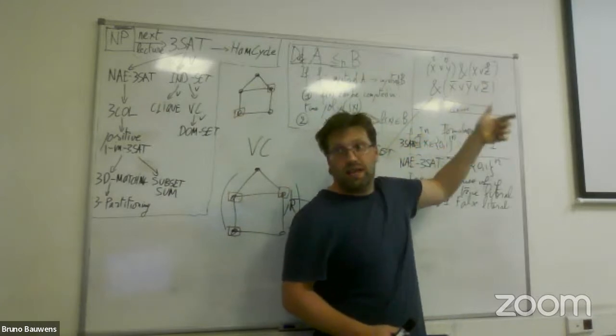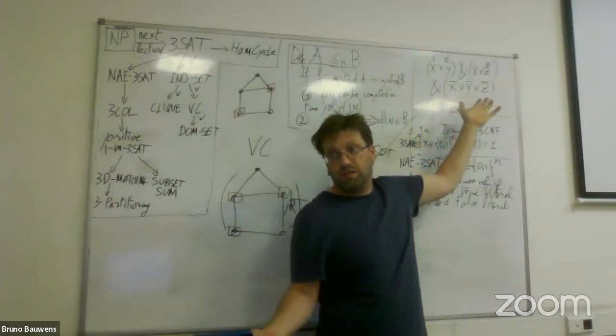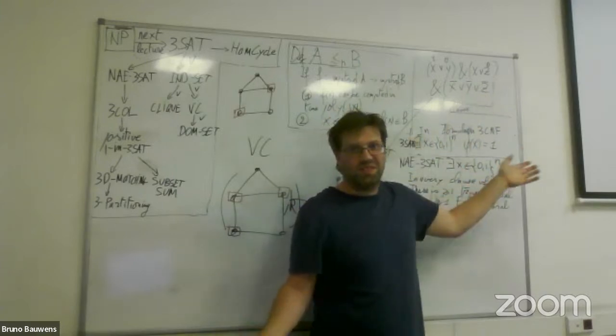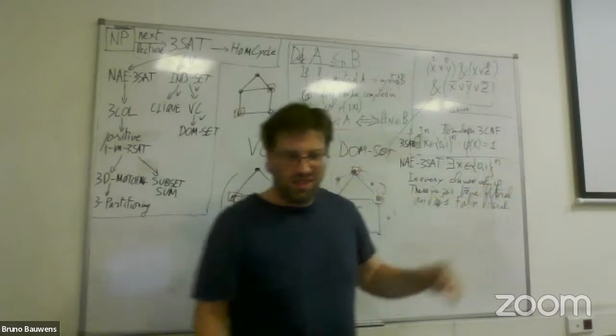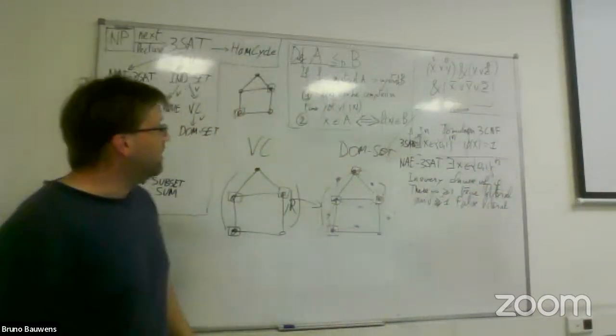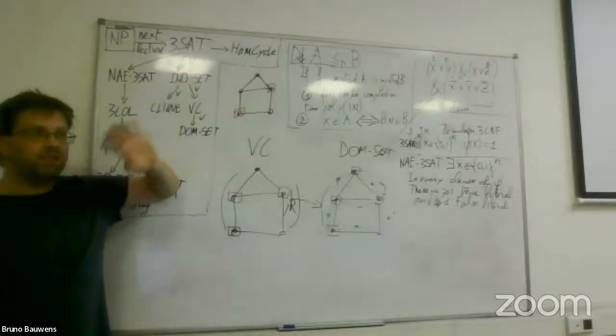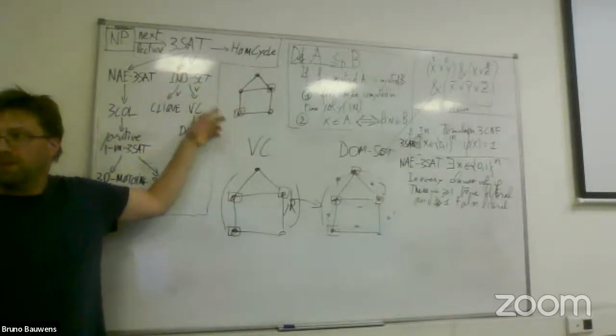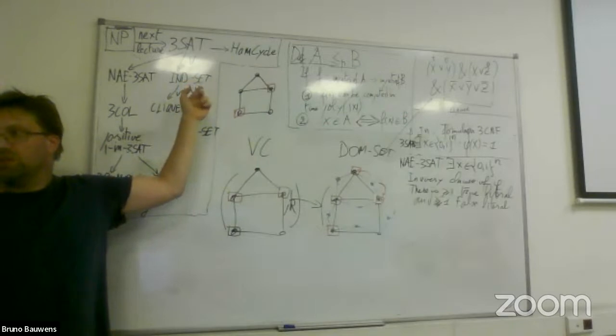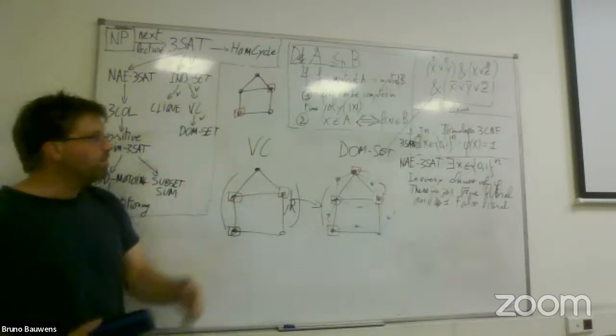If we flip the assignment, every clause will still contain a 0 and a 1. If we flip all the bits, it's kind of obvious. And so if you want to prove some problem is NP-complete and the witness is invariant under flipping, you might want to use not-all-equal 3-SAT. Okay.